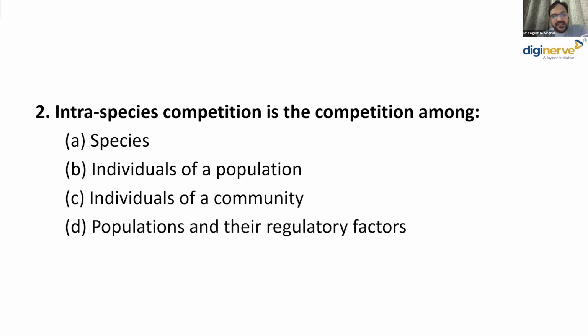Species will not be the answer, species is inter-species. Individual of a population, yes, it can be possible. The individual of the population means the individual of a species, the individual of the community. We are not talking about the community. We are talking about the larger scale. Community is a small scale. So B will be the answer, the individual of a population.